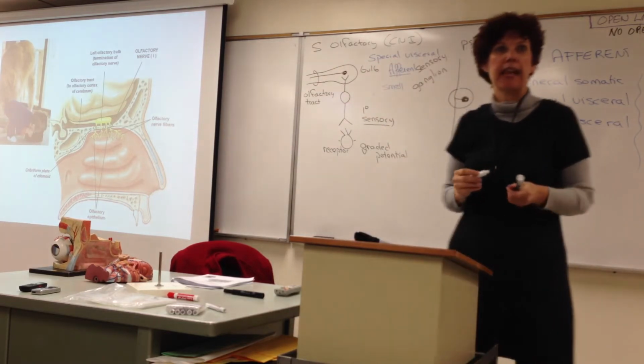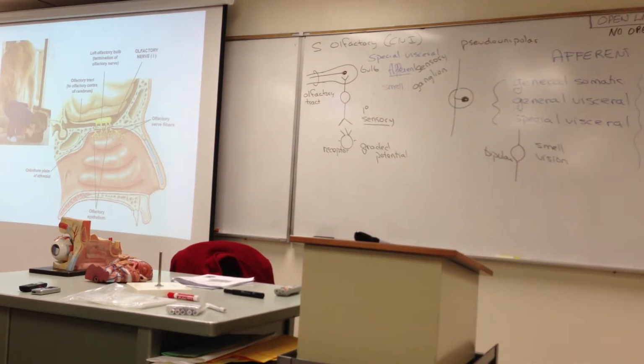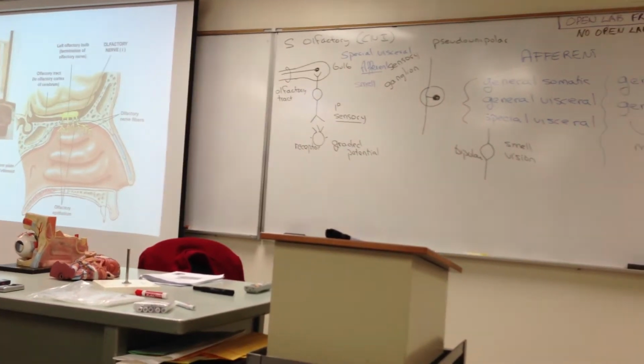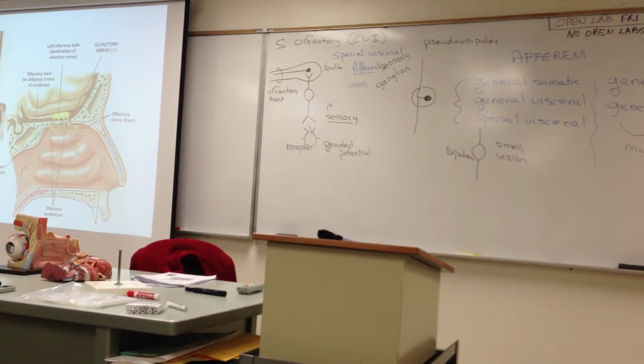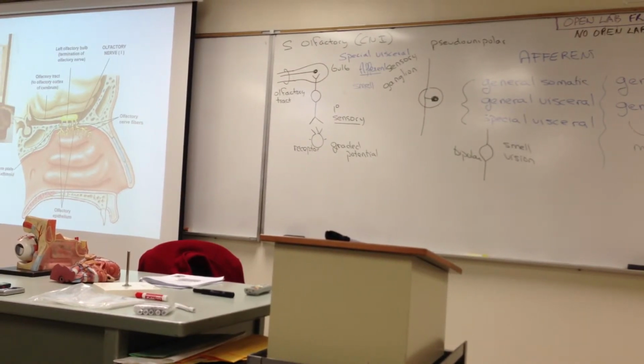So damage to that neuron is going to cause us a loss of smell, at least on one side of the nose. This, by the way, does not go back to the thalamus. It goes back to an area at the base of the parietal lobe where we process smell. Okay? And so it doesn't involve the thalamus for that relay center.